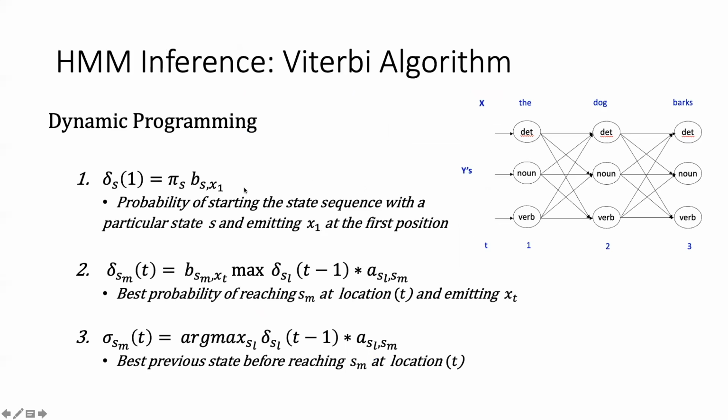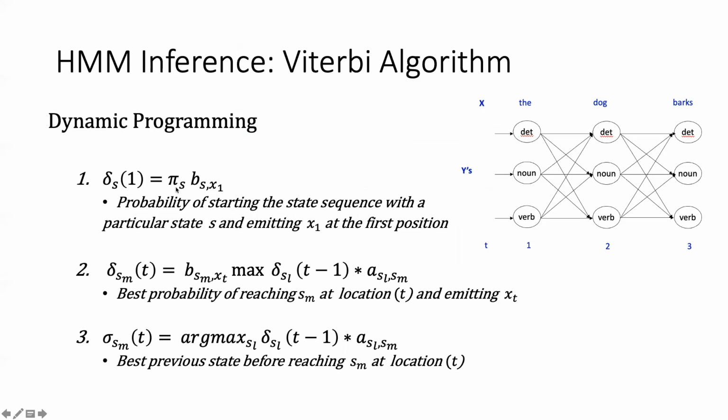In order to perform the inference, first let's define deltas here. The initial delta S of 1 is the probability of starting in the state S and emitting the symbol x1 in the first position.